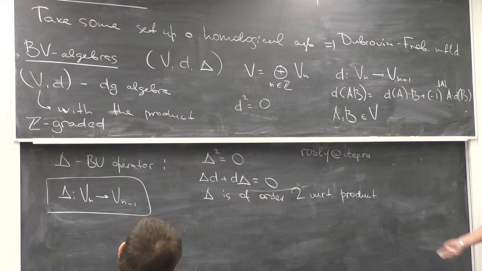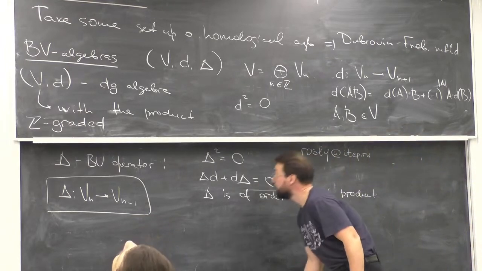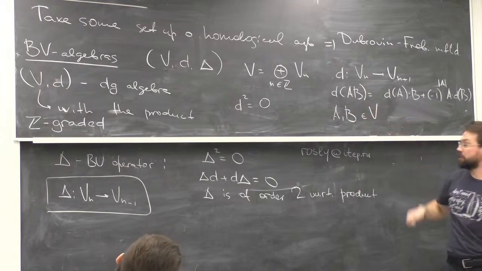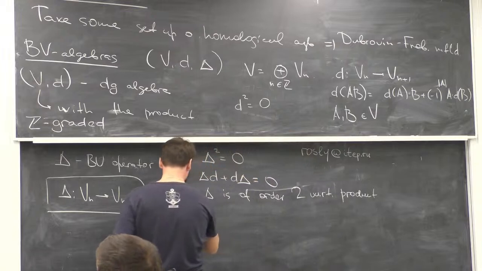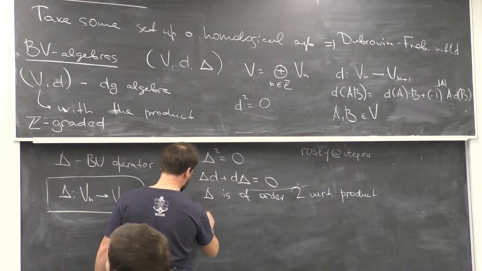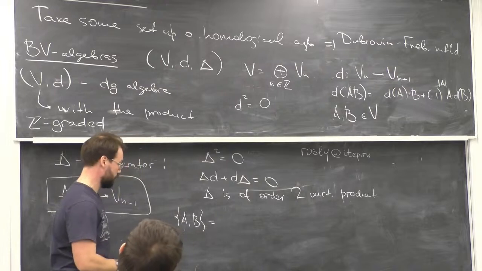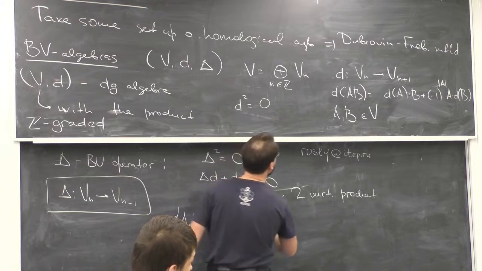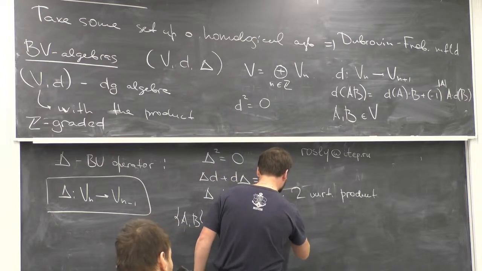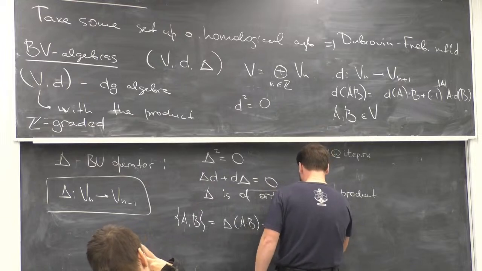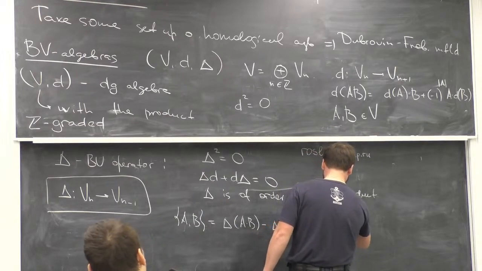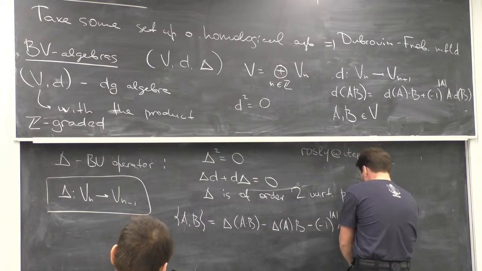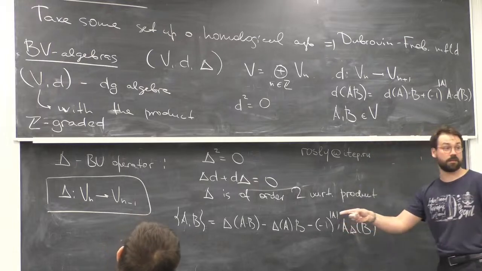That means in particular, if you try to play the same game with delta, it is non-zero. Namely, you can introduce the bracket, that is delta of A times B minus delta A times B minus (-1)^{|A|} A times delta B. This is non-zero.